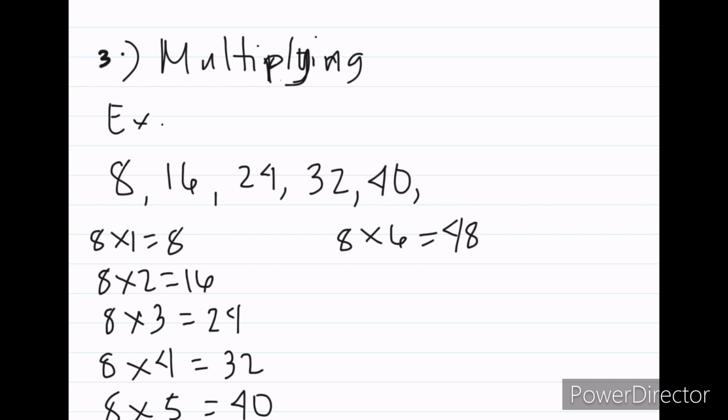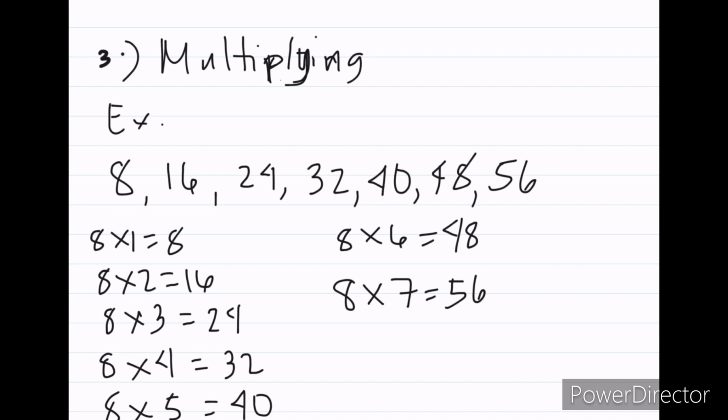So the multiple of 8 after 40 is 48. Next, 8 times 7 is 56. So the multiple of 8 after 48 is 56.